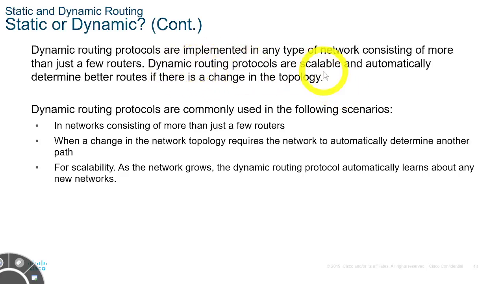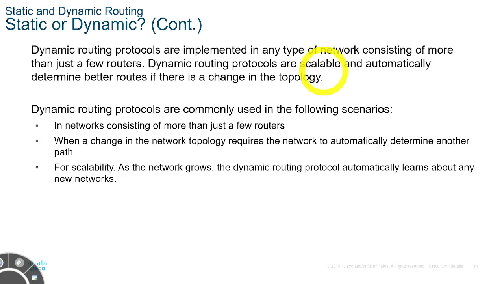For small networks we use static routing using static routes, and for large networks with a large number of routers we depend on dynamic routing protocols to automatically determine the best routes if the topology changes.